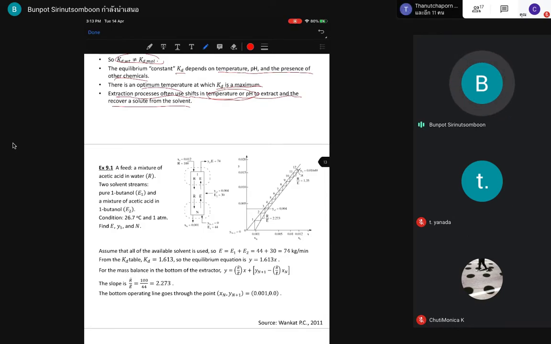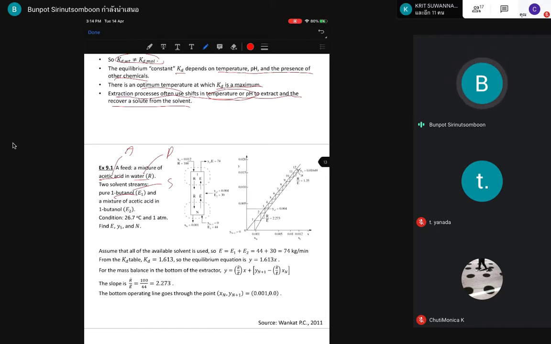So our solute is acetic acid, our diluent is water, and our solvent is butanol. Again, acetic acid is our solute A, water is our diluent, and butanol here is our solvent. So we want to transfer acetic acid from water to butanol.